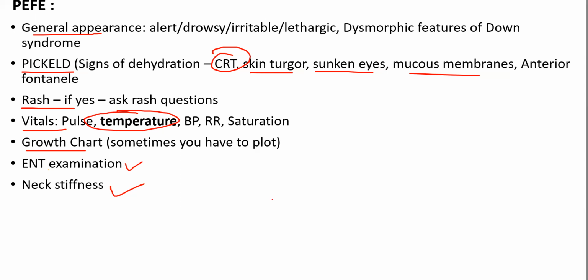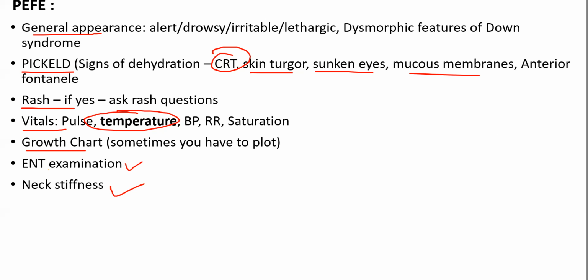Or the second task would be that you explain what physical examination you are going to do to your examiner, and after that, a card will appear on the screen with the findings. If this is the task, then you will need to know what physical examination you are going to do in this child.